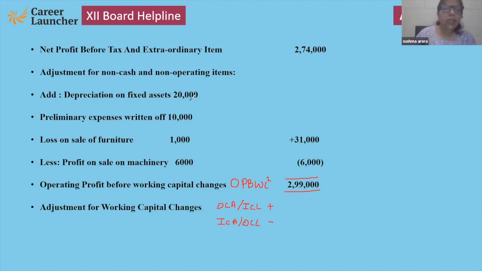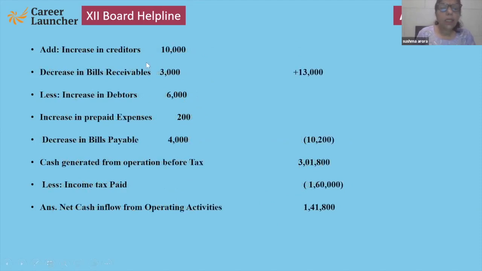Okay, so these are the adjustments which I told you, that is, these are non-cash, non-operating, non-cash transaction depreciation. Okay, preliminary expenses, loss, profit to be subtracted. See, DCA to be added, ICL to be subtracted. Here I am going to show you.